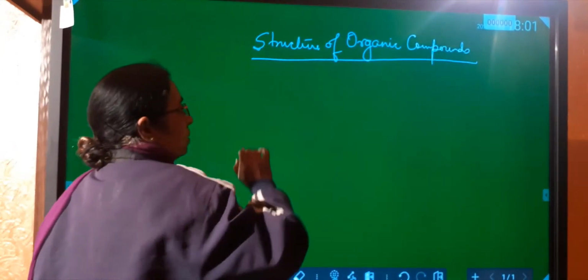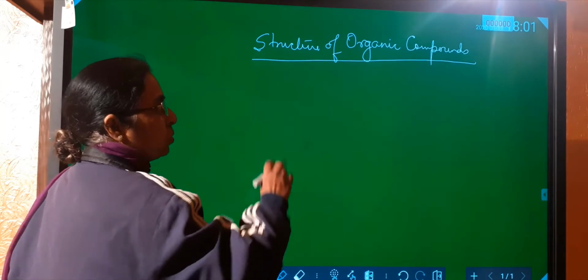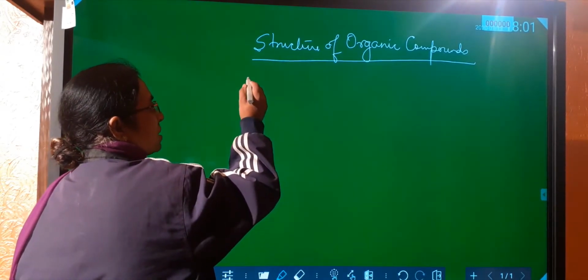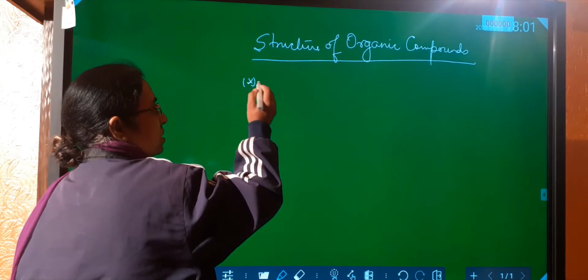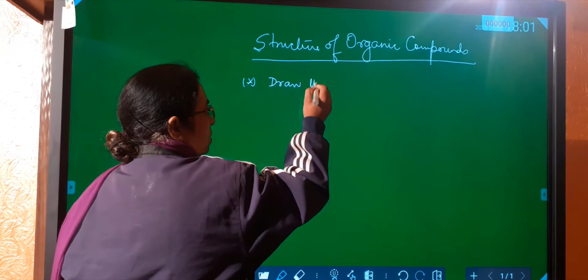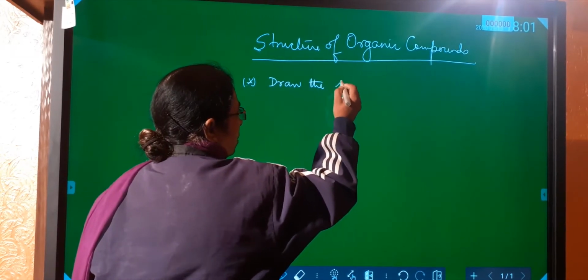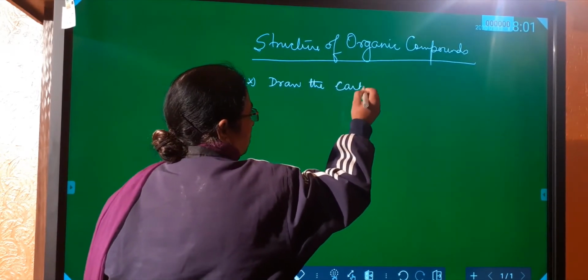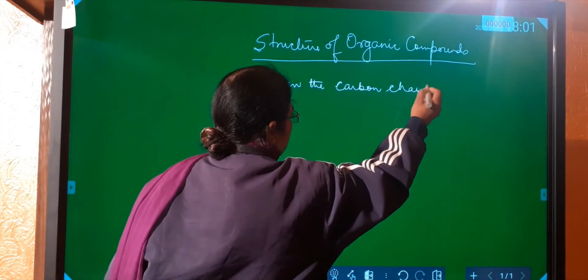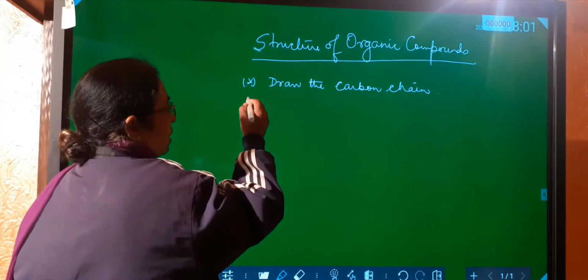Whenever we have to draw the structure of organic compounds, the various steps are that first is draw the carbon chain.